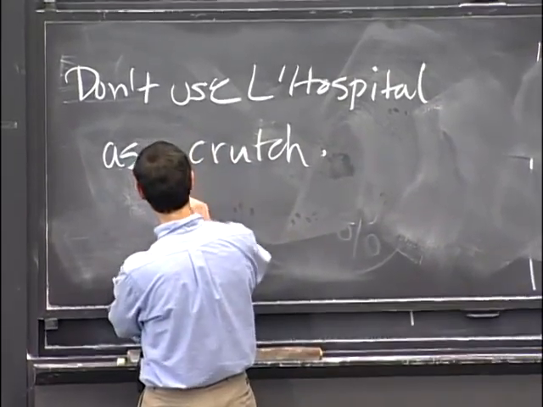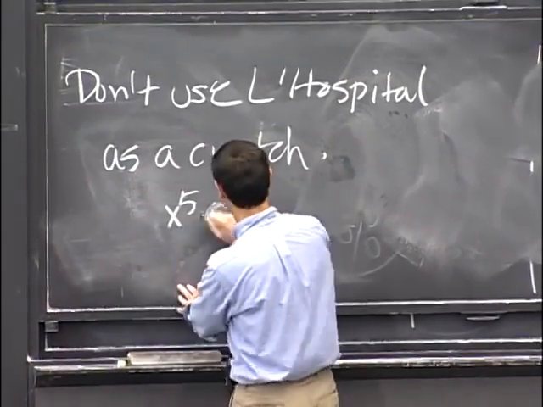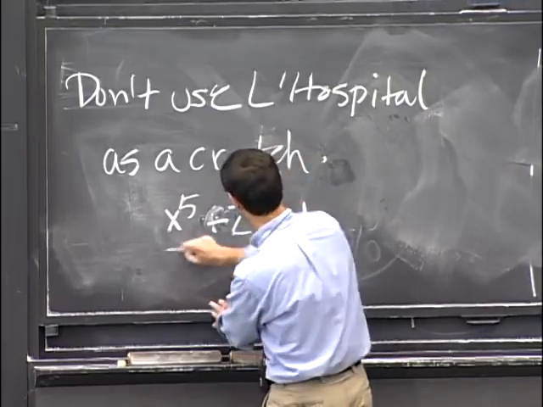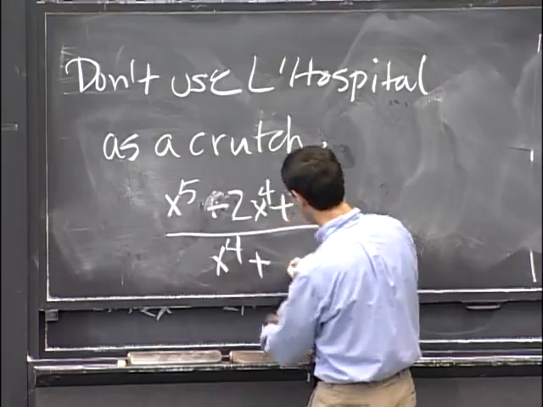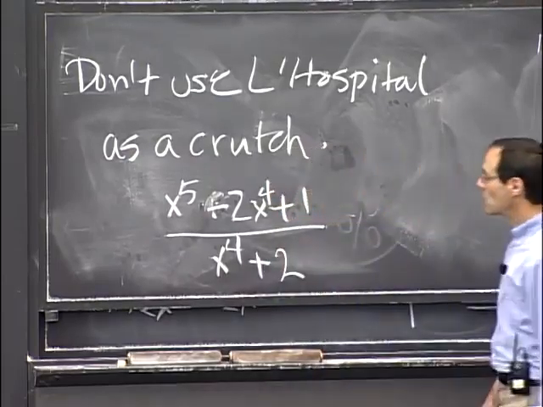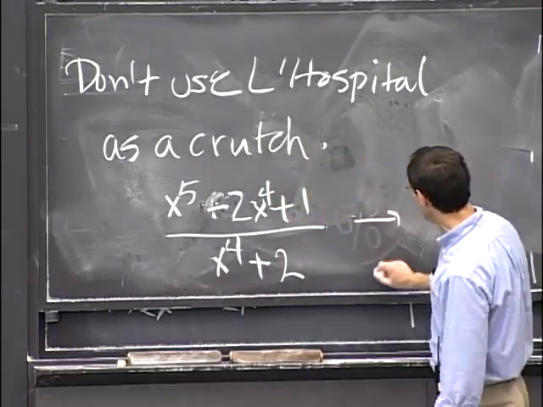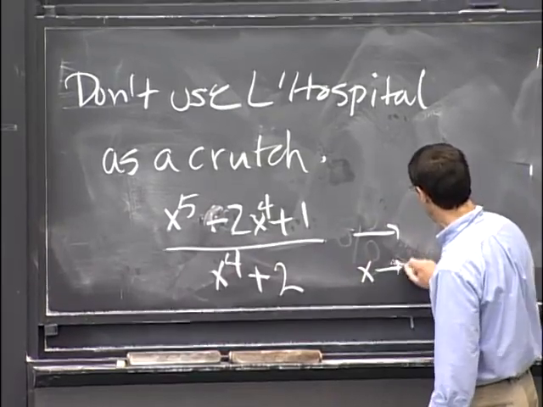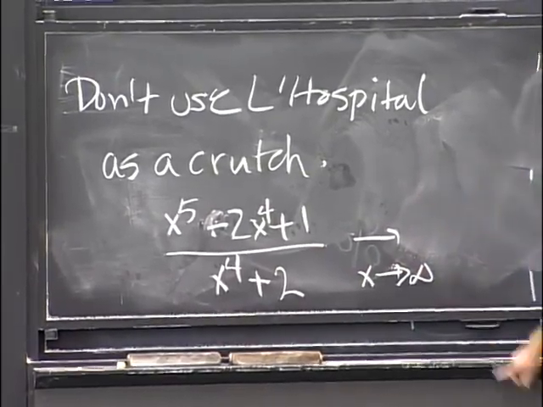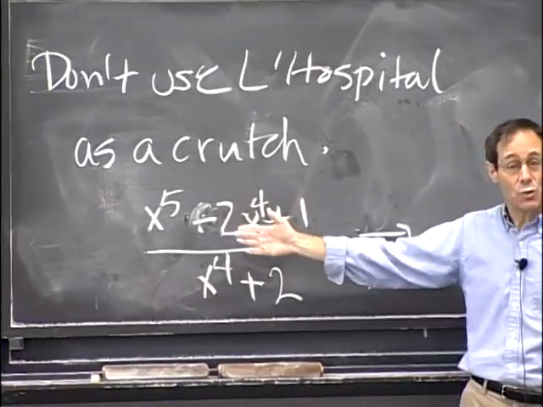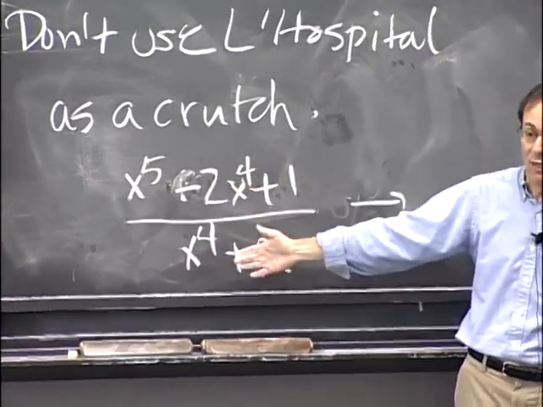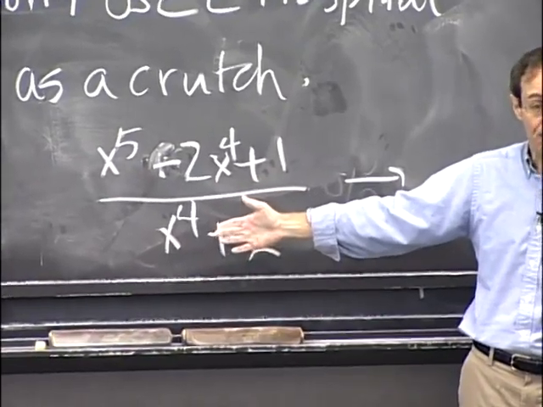If you have something like this, so we'll do this one here. Suppose you're trying to understand what this does as x goes to infinity. Now, you could apply L'Hopital's rule 5 times or 4 times and get the answer here.